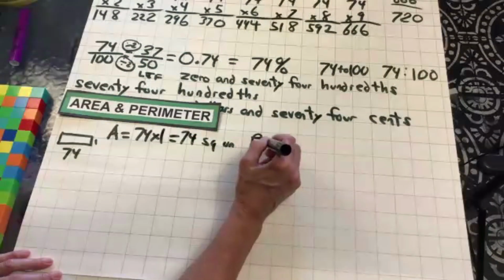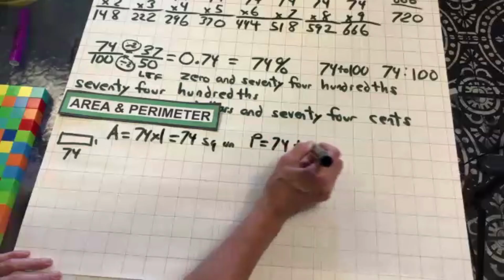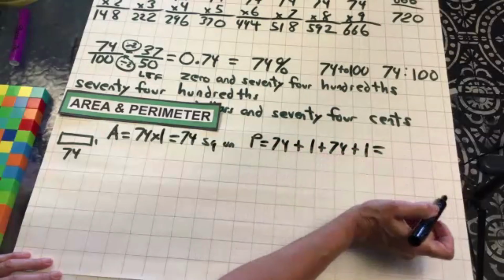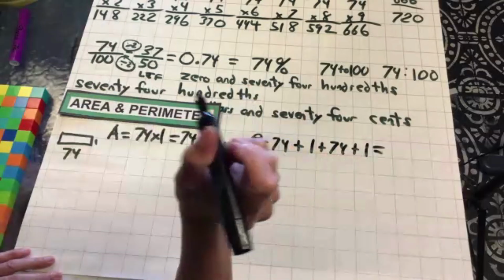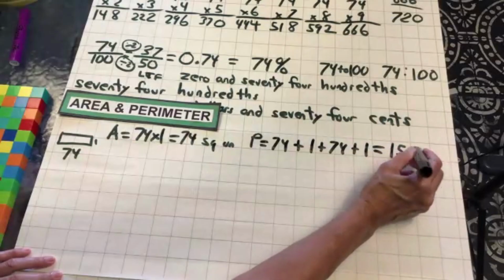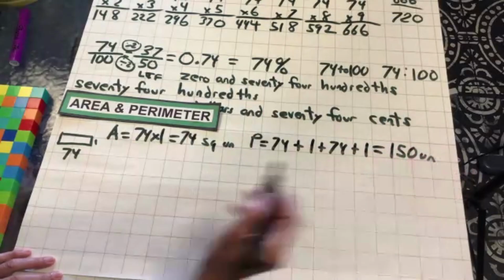The perimeter would be 74 plus 1 plus 74 plus 1 equals, well, 2 74s is 148, 149, 150. So 150 units to go around that rectangle.